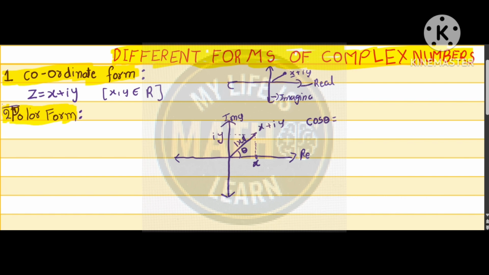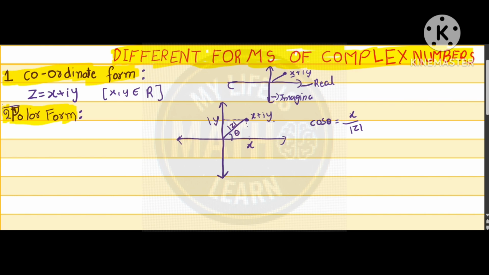Now it makes a right angle triangle. Cos theta is equal to adjacent by hypotenuse, therefore x by mod z, where the distance from the origin to the point is mod z.